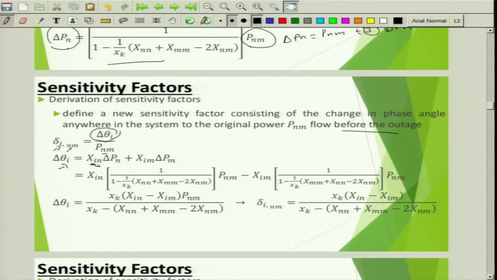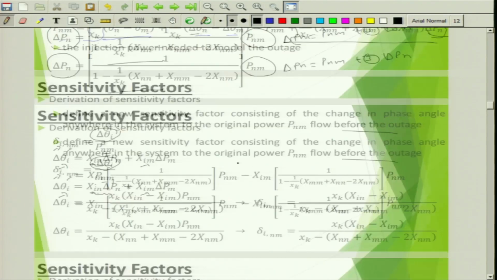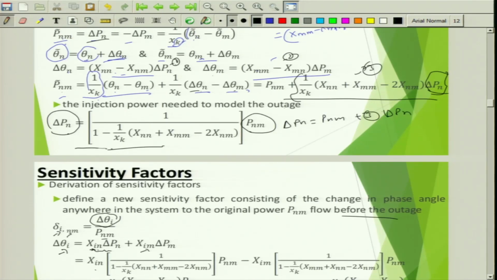There could be a physical reactance also, or this is an equivalent reactance that may not be physically connected, but this indicates the effect that is caused due to the change in power flow at bus number n and between bus number n and m, and that splits into xin into delta Pn plus xim into delta Pm, right. Now xin into delta Pn is what you have got in the previous expression, this is delta Pn.